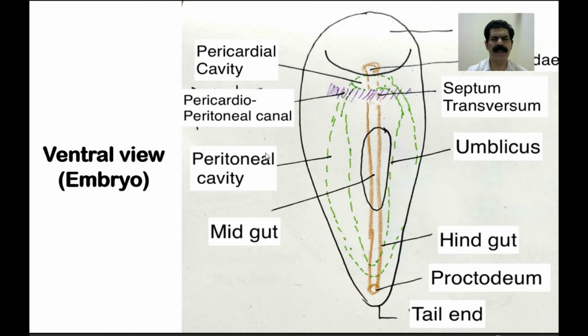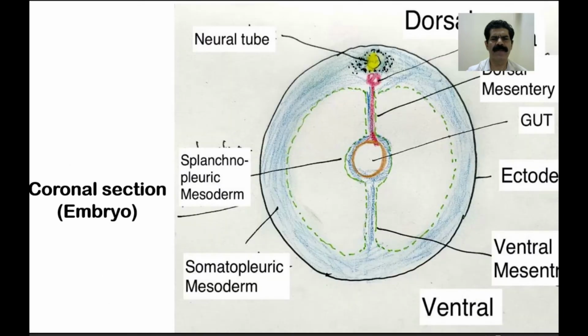So this primitive gut is hanging in the intraembryonic coelom with the help of the dorsal and the ventral mesentery, which is derived from the peritoneum, that is, the mesodermal lining of the intraembryonic coelom, and this is the endodermal tube, which is the primitive gut, and this is the splanchnopleuric component of the mesoderm, which is surrounding the primitive gut.